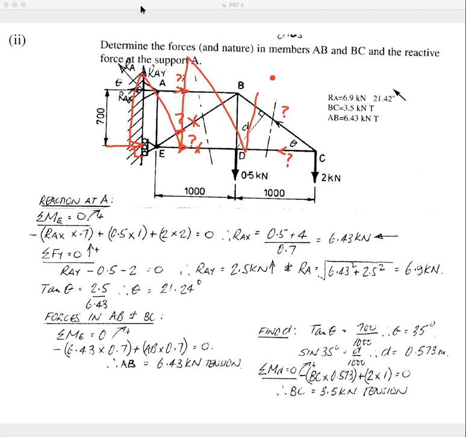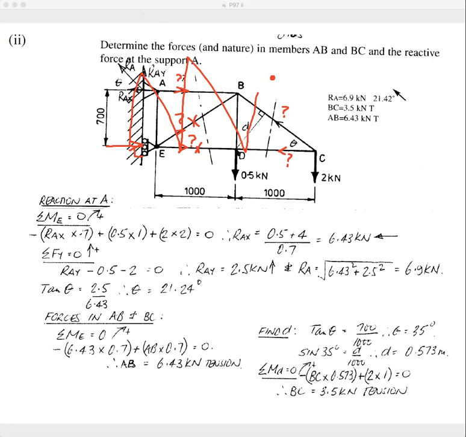And so the idea is, we don't want that force there. The idea is to find the point that will eliminate that force if you take moments about that point. And the obvious one is D there.